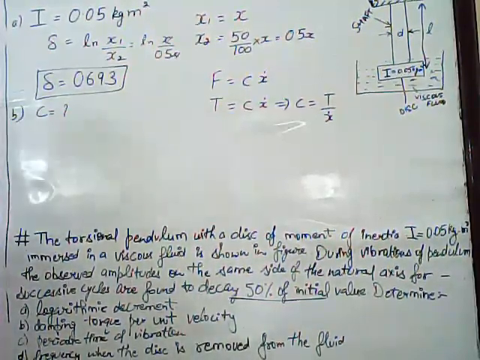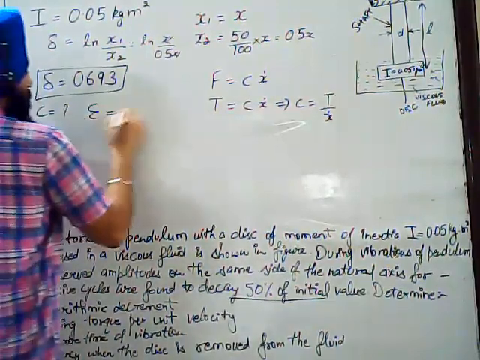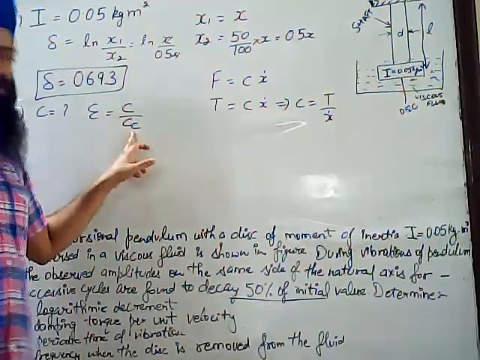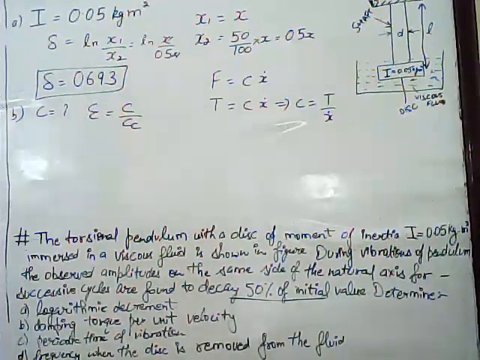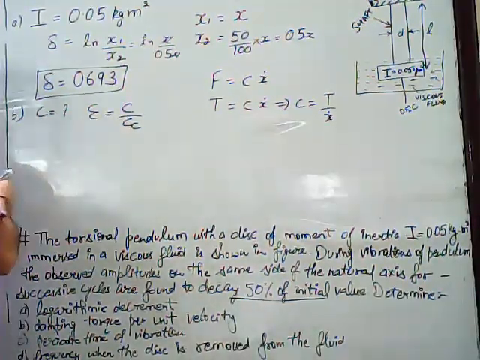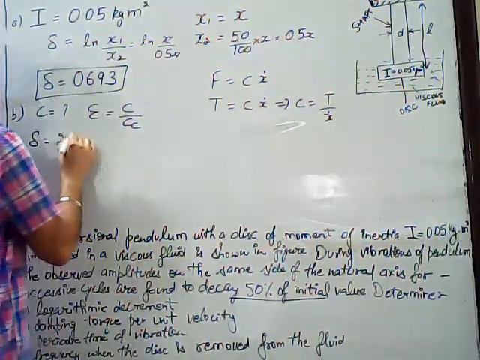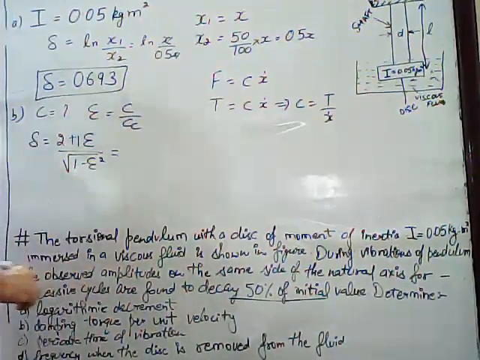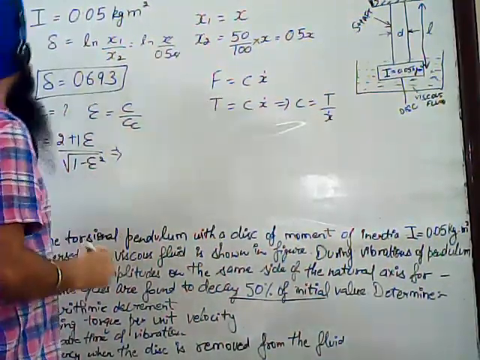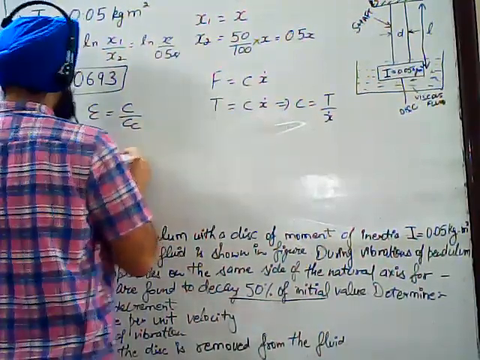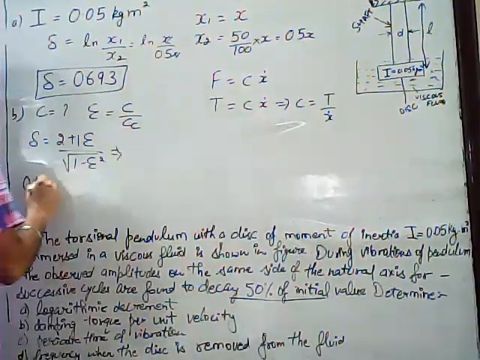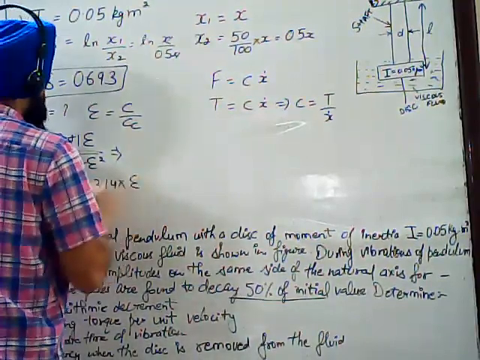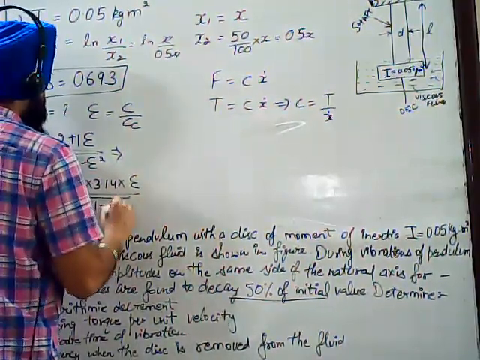As we know, damping ratio will be equal to C by Cc. If we can find the value of damping ratio as well as Cc, then we can calculate the value of C. So we know that delta is equal to 2 pi epsilon over root of 1 minus epsilon square. Since the value of delta is 0.693, this will be equal to 2 into 3.14 into epsilon over root of 1 minus epsilon square.